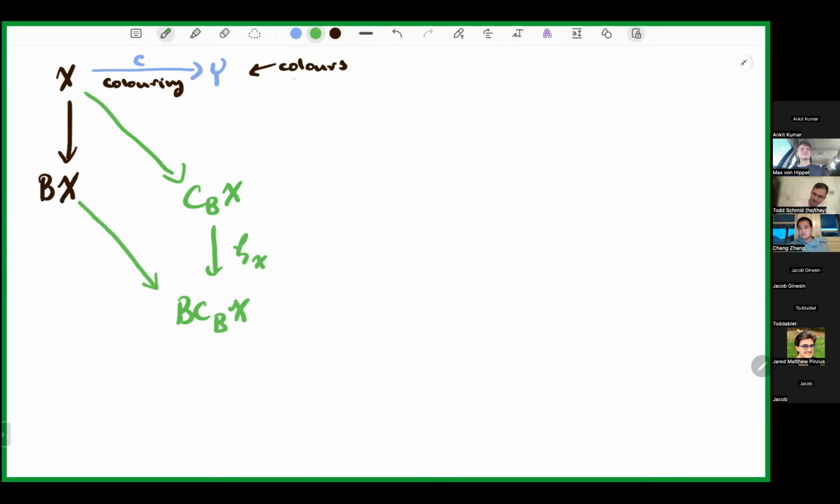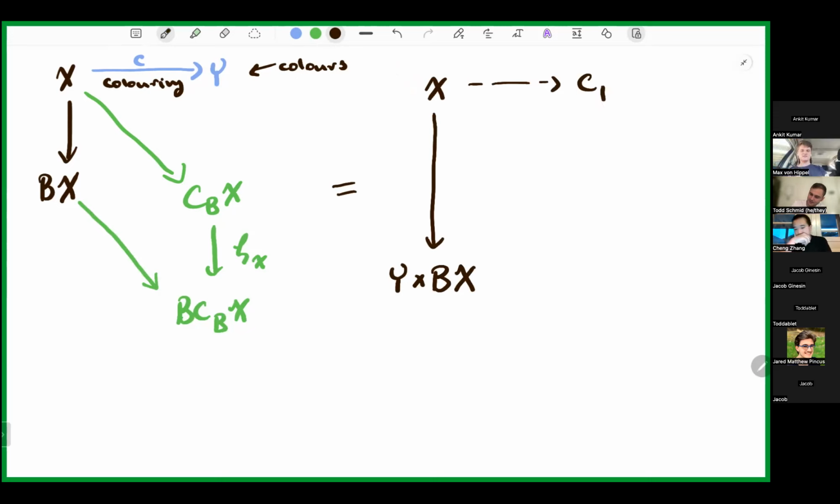So this coloring lifting to a unique coalgebra homomorphism is the same picture as saying that here is me packaging the coloring up with the coalgebra structure. It's just saying that C be Y here.